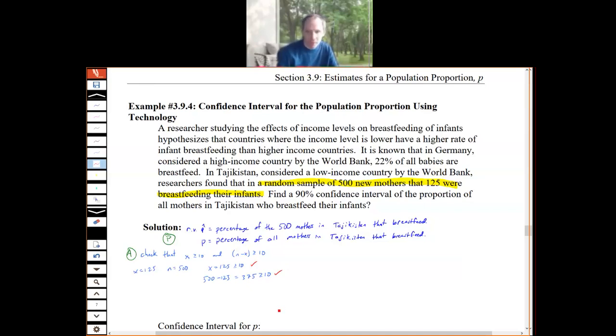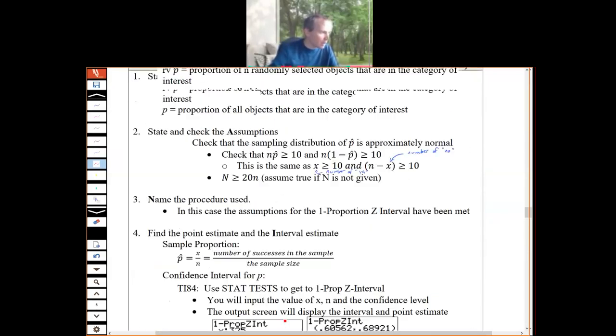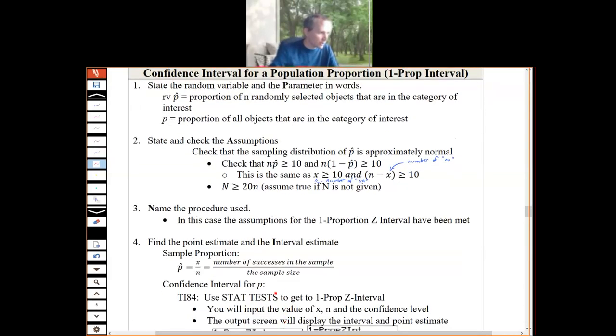Now we need to know about the population size. Does anyone know the population of Tajikistan? You could look it up and get an approximate number, but we don't have an actual number. Looking it up would probably be a good thing, but I know that it's going to be really, really big. What we need is that big N is bigger than 20 times little n.